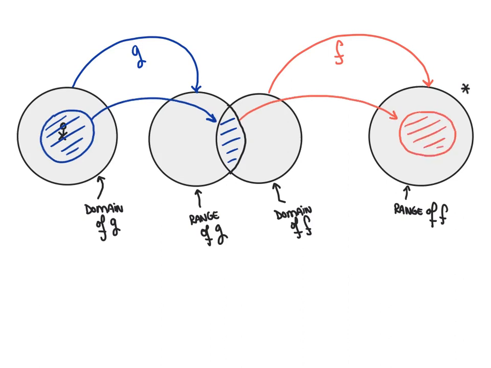So our compositions are actually more restricting in terms of the domains, because not only do you have to be in the domain of your initial function, but the range of that initial function has to intersect the domain of the second function. And we'll see this as we find domains of compositions. But nonetheless, your composition is going to allow this passenger to go right from here, skip over everything, and fall over here, and that's called f of g.